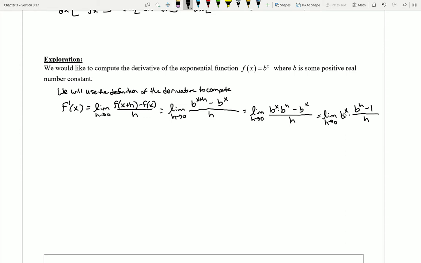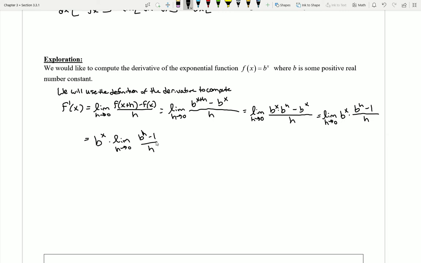It's going to be a fixed value that we'll decide later on. Because of that, it is a constant that can be pulled outside of the limit. So I'll rewrite this one final time as b to the x times the limit as h approaches 0 of b to the h minus 1 over h.